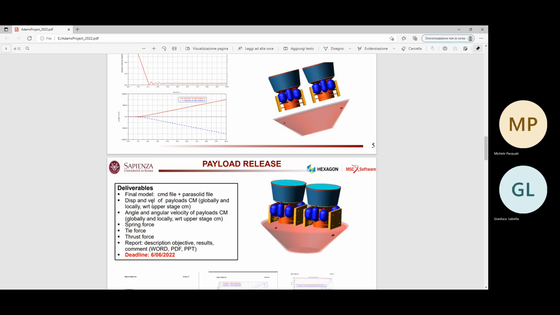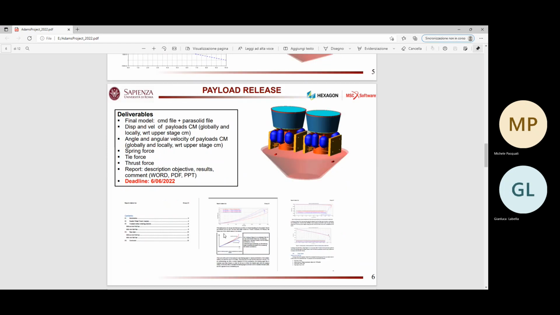I want you to display the displacement and velocity of the payload's center of mass, the angle and the angular velocity of the payload's center of mass always, and the time history of the spring force, the tie force, the thrust force. Okay, these are the minimum.